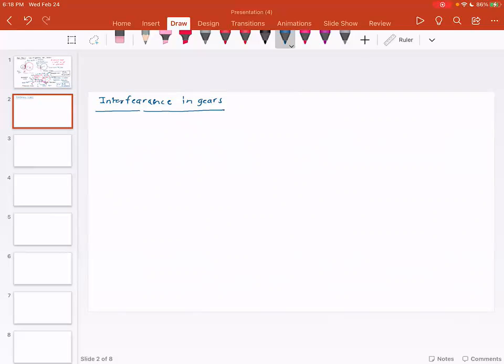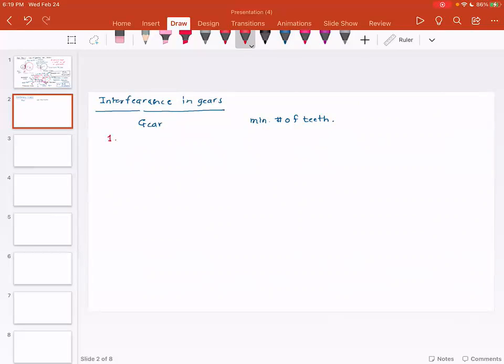So for an example, let me talk about gear and minimum number of teeth. And there is a mathematical relationship, or there's an equation that depends upon the gear ratio and then the fraction of addendum. But instead of using that equation, we will use this empirical relationship.